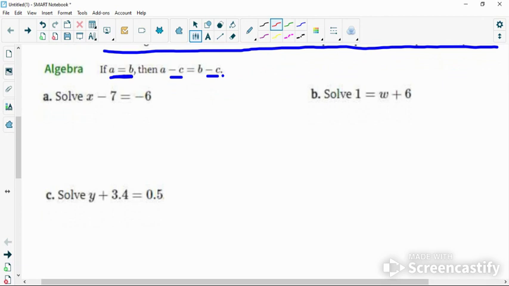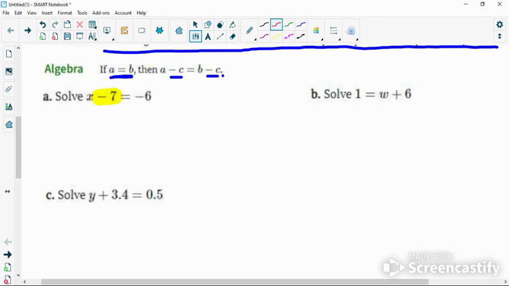We decide which one based off of what sign is in front of the number. It's a -7, and we use the opposite to undo.